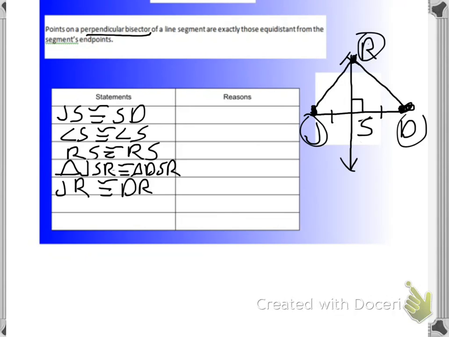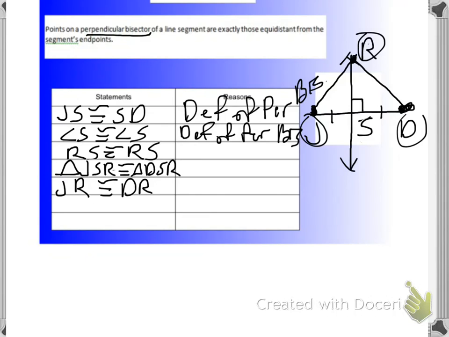Alright, so right here I see that JS is congruent to SD, and that's the definition of perpendicular bisector. Alright, and then I see that angle S is congruent to angle S, and that is also definition of perpendicular bisector.